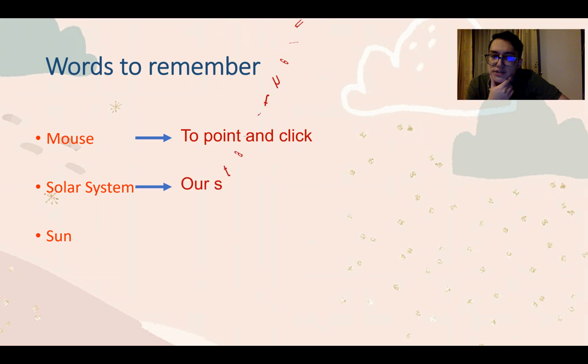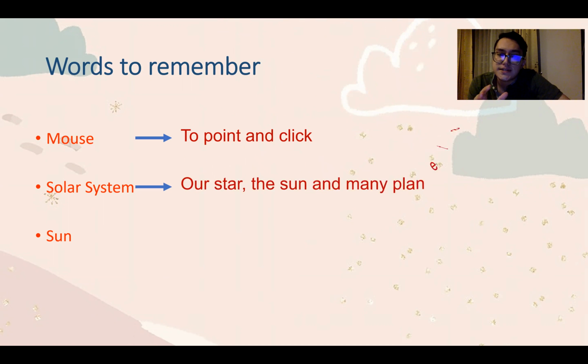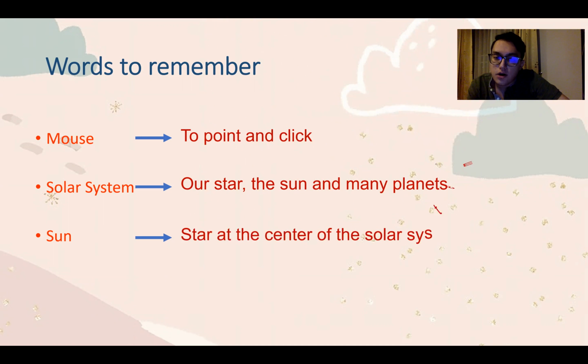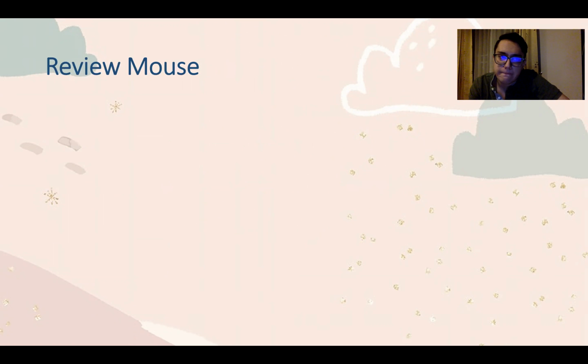What is the solar system? The solar system is our stars, the sun, and many more planets. What's the sun? The sun is a star and it's at the center of the solar system.